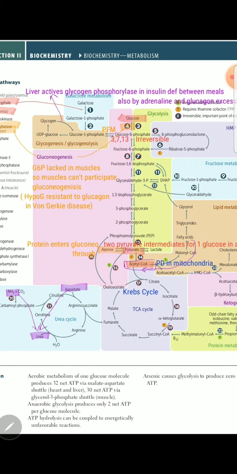That is a separate reaction, just shown here to understand that both are opposite to each other. But the irreversible steps of glycolysis: glucose to glucose 6 phosphate, fructose 6 phosphate to fructose 1,6 bisphosphate, and the last, the 13th one, PEP conversion into pyruvate. But only the first or second are usually asked.